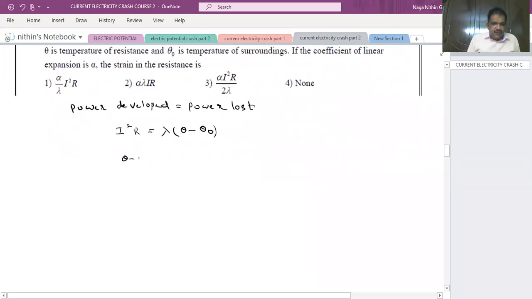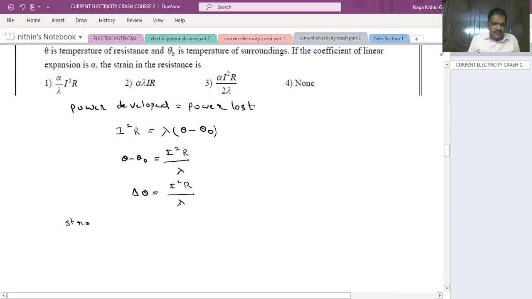So theta minus theta naught is equal to I square R by lambda. So delta theta is equal to I square R by lambda.